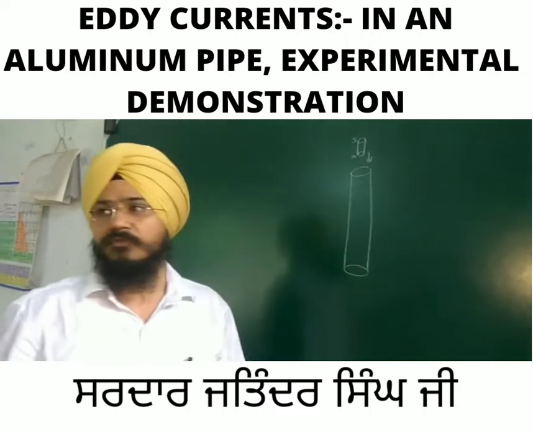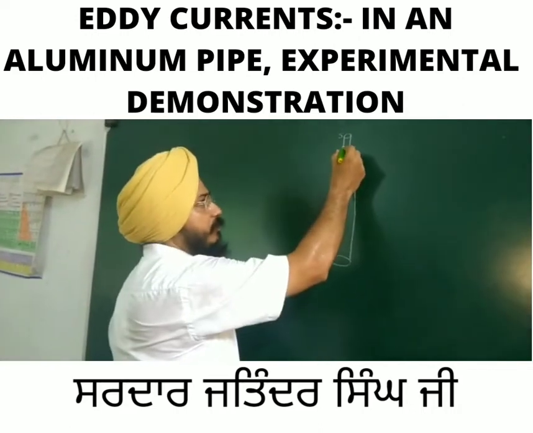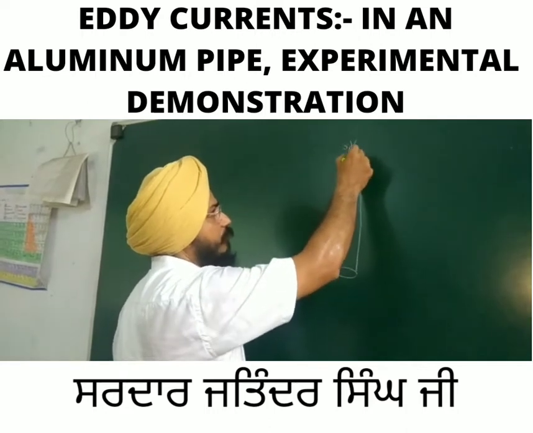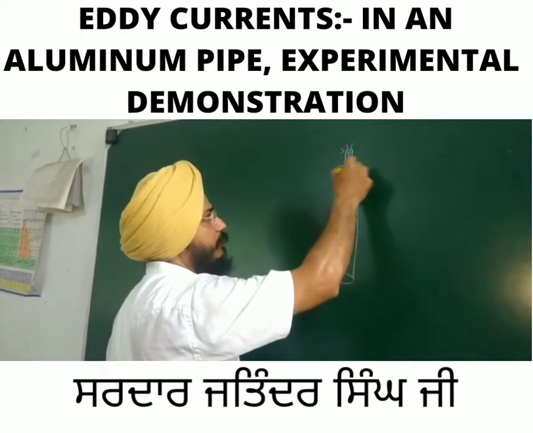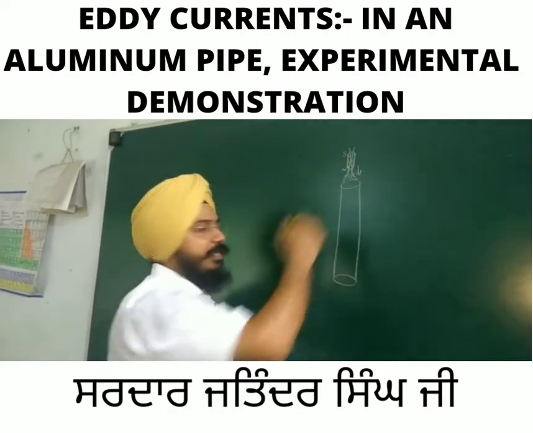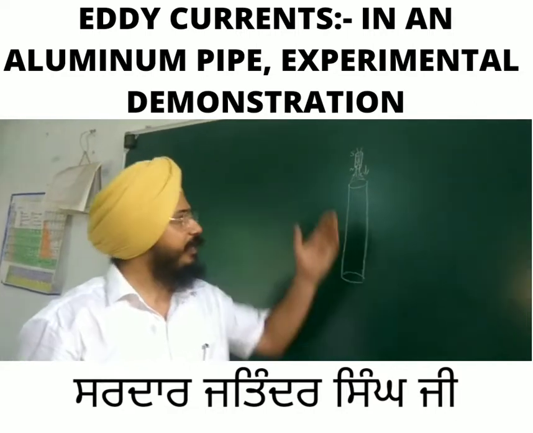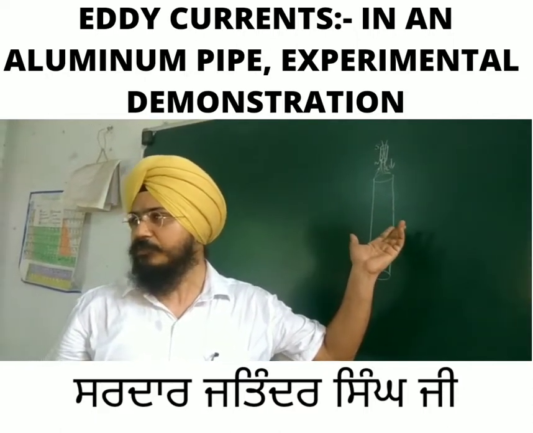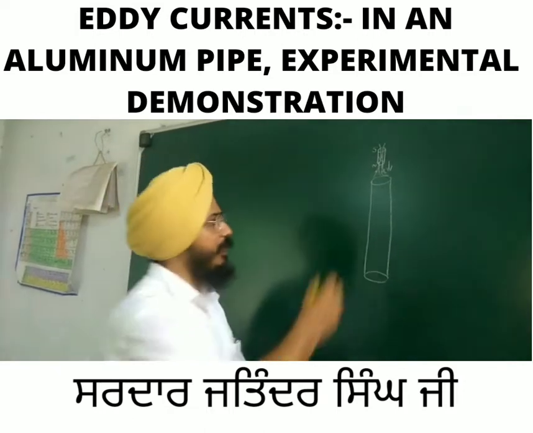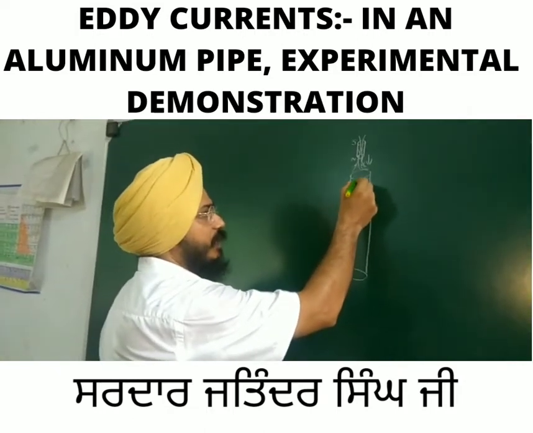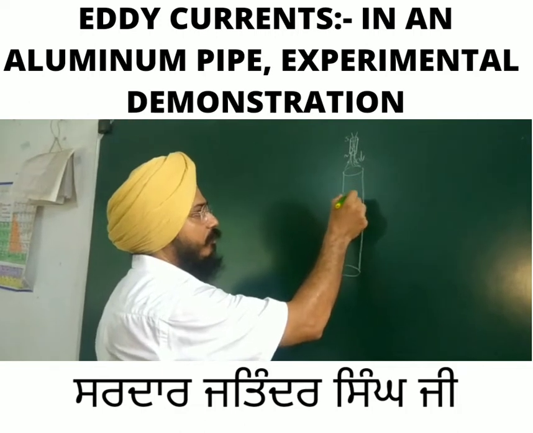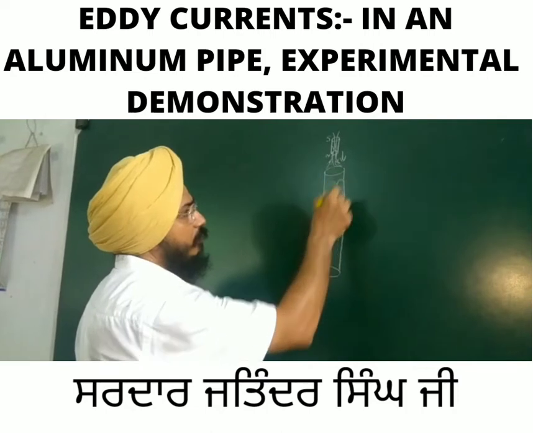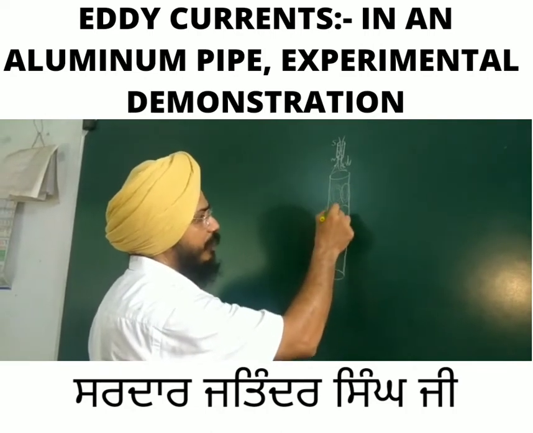We expect that the magnetic lines of force are coming out of this north pole and entering the pipe. As soon as the magnet enters this pipe, the magnetic flux through this aluminium pipe changes, and as a result, induced EMF starts circular eddy currents through this pipe.